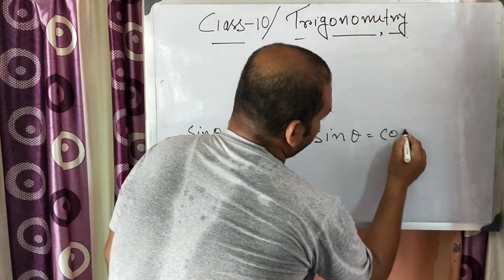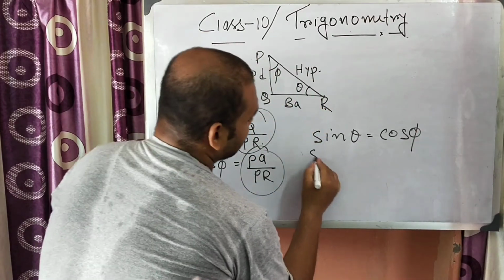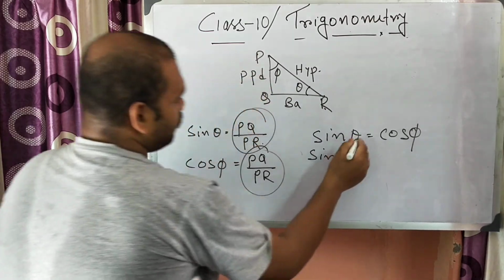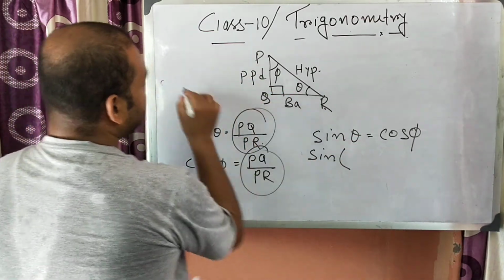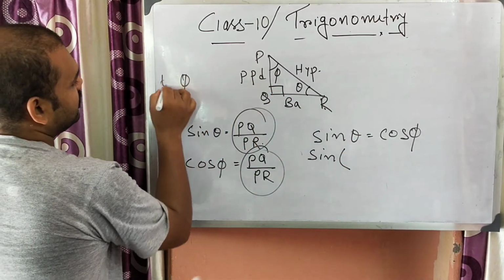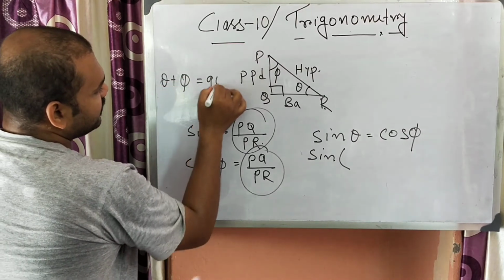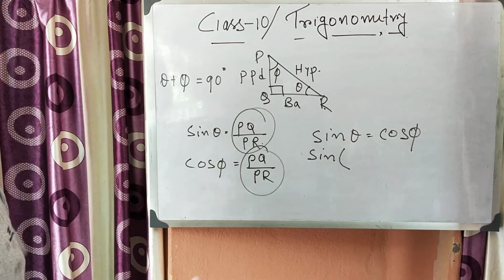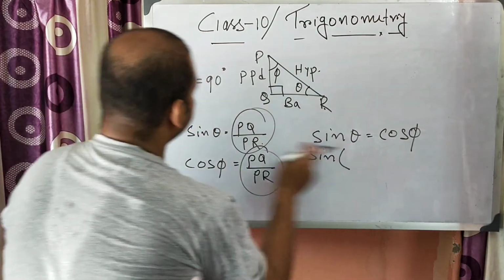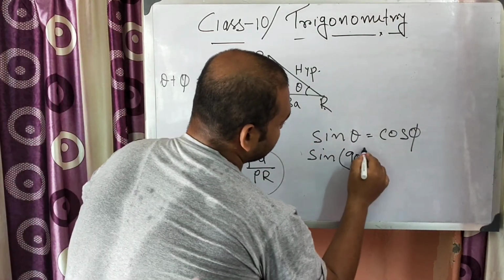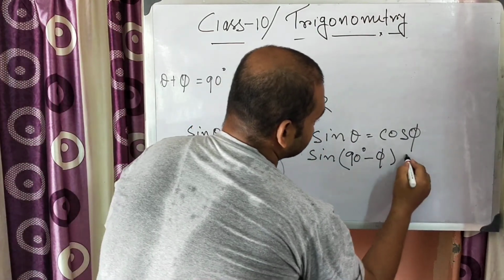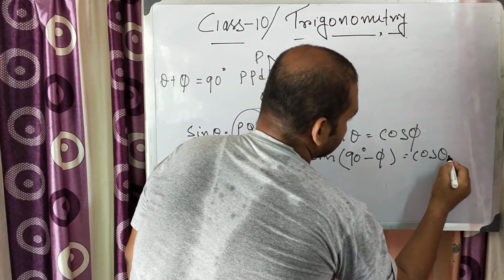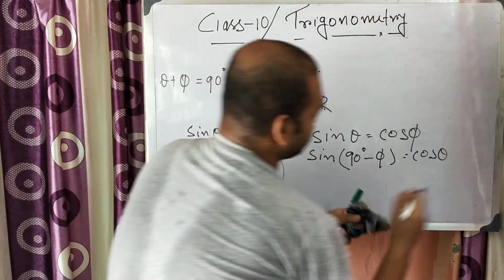So we can write sin theta is equal to cos phi. As this is 90 degrees, theta plus phi will be 90 degrees, so instead of theta we can write 90 degrees minus phi. So sin of 90 degrees minus phi is equal to cos phi.